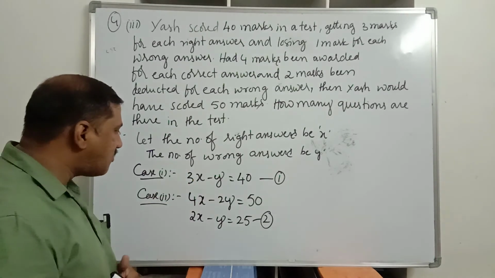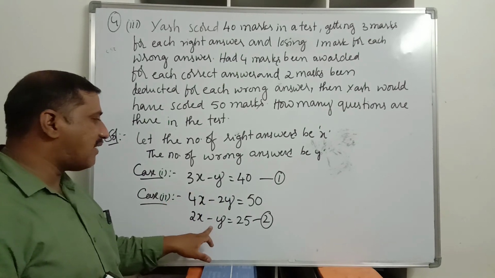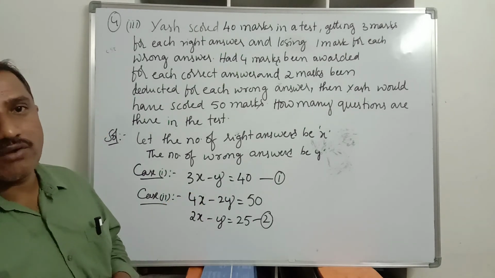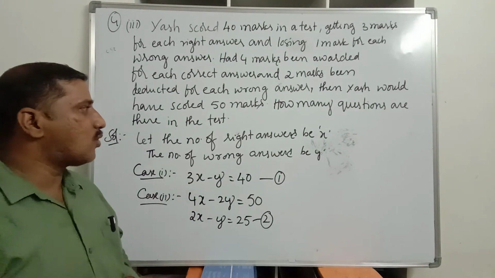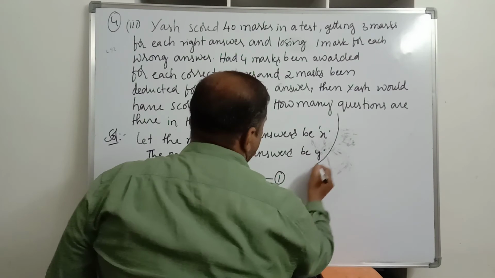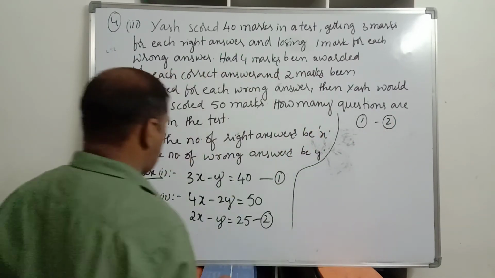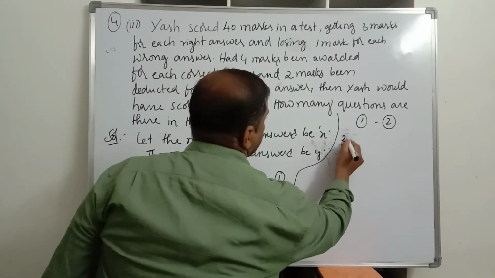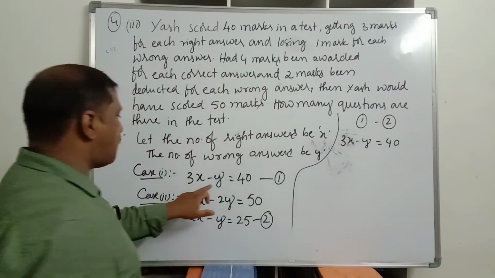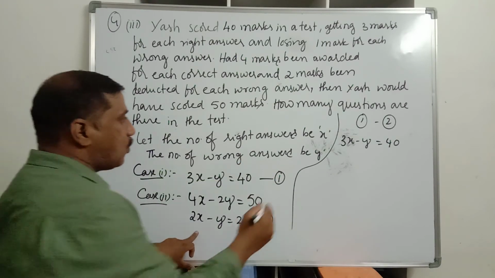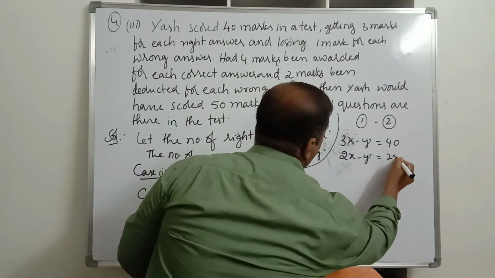So how do we solve these equations? Here you see, the y coefficient is minus 1 in both equations, the same coefficient with the same sign. So we can subtract these two equations. Equation 1 minus equation 2: 3x minus y is equal to 40, and 2x minus y is equal to 25.